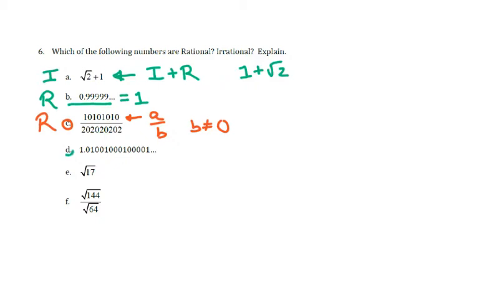Now look carefully at D. It's 1.01001, then there's 3 zeros, then there's 4 zeros. This number has a decimal form that never ends and never repeats.